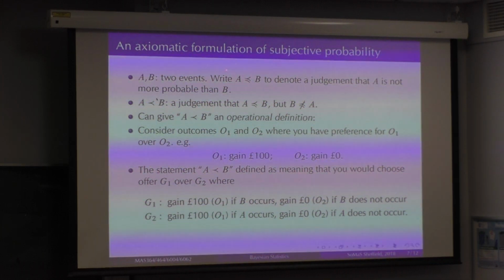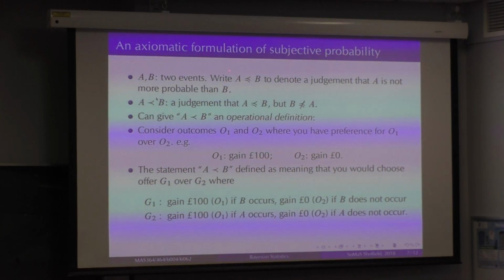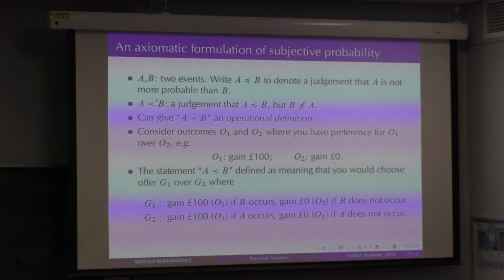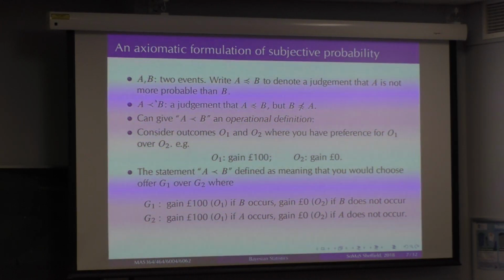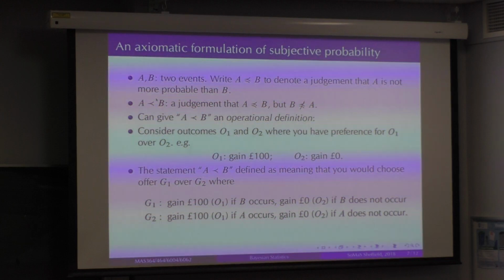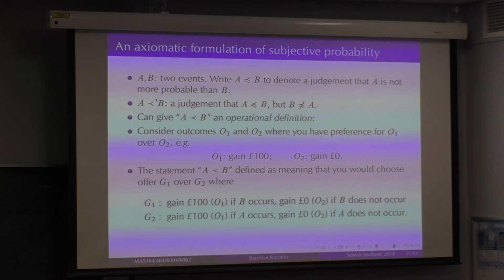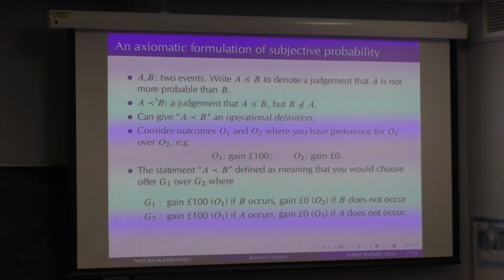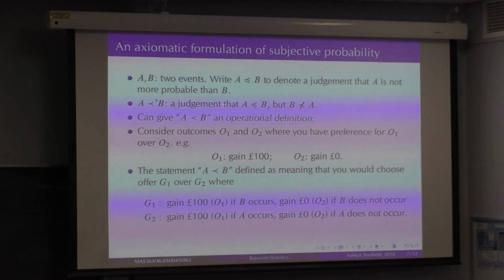You want to be able to judge whether one event is more probable than the other one. A is more probable than B. Okay? Sorry, A is not more probable than B. So you want to give an operational definition of that. And the way of doing that is again with bets.